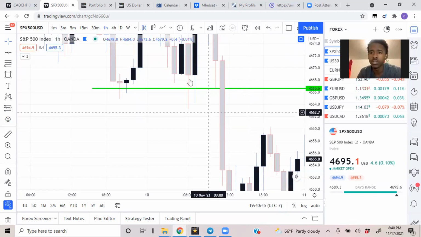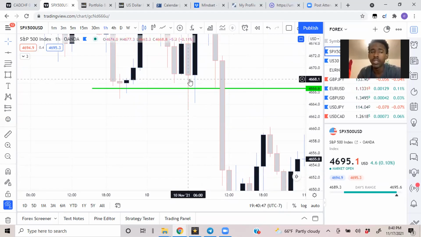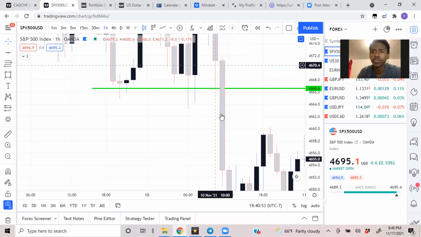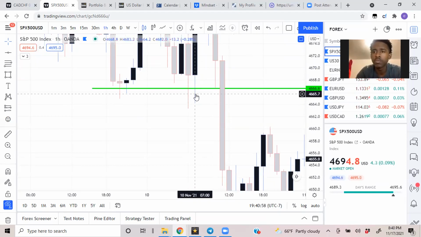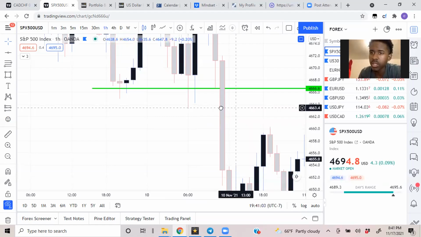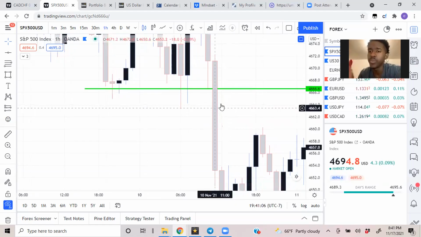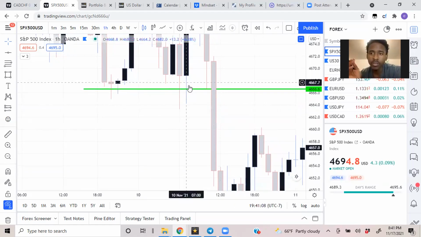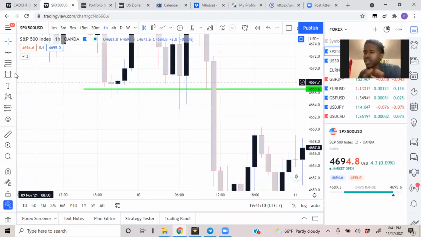And those are the sellers. These are the sellers right here. So we have a full body candlestick instead of just wicks going through the line. You see the difference? The wick, like you said, was kind of an indication, and then the full body candle is the confirmation.